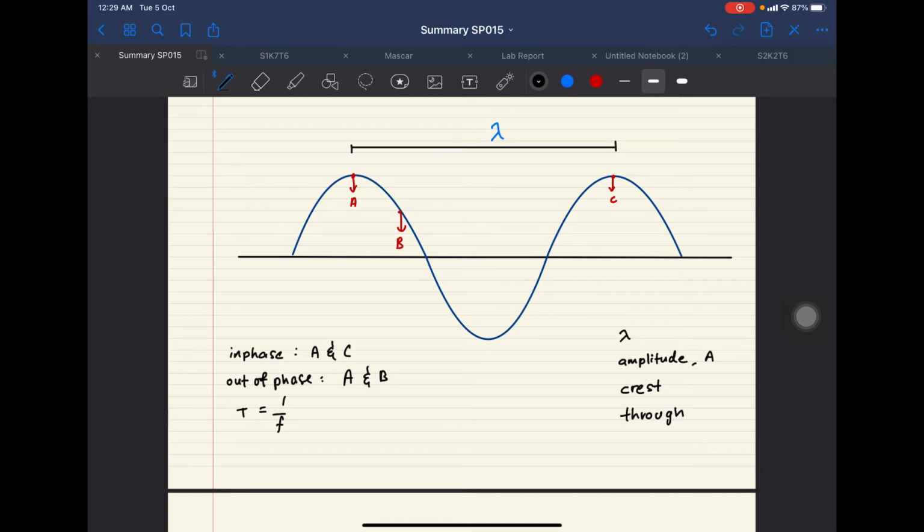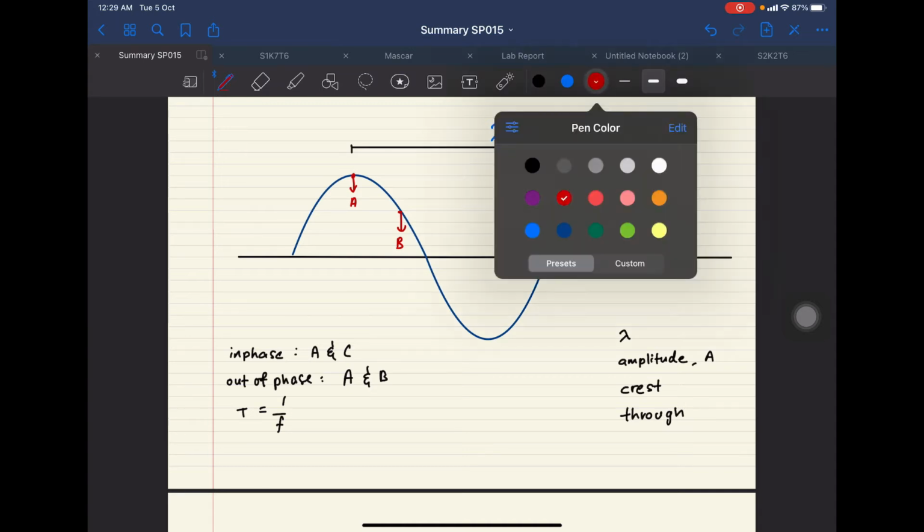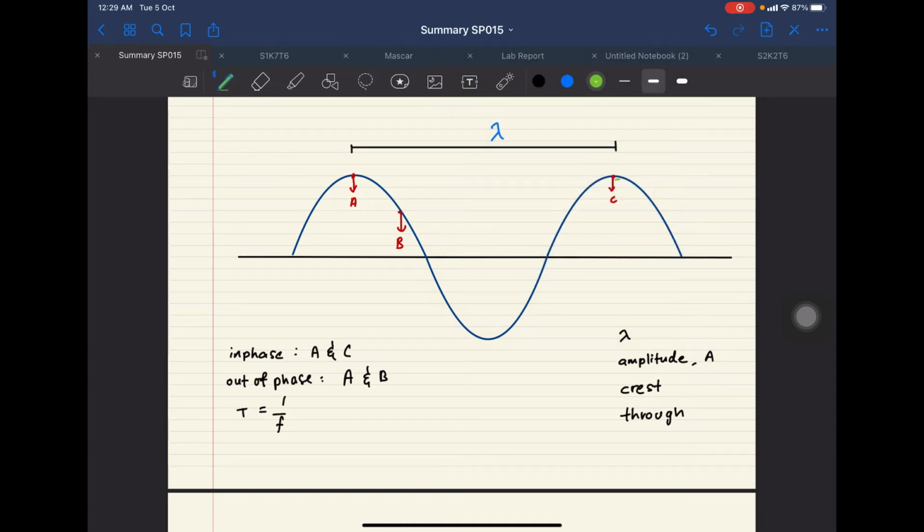Okay, and then the other thing is about amplitude. Amplitude is simple lah, tak ada masalah. There's no issue with this. Maximum height is what we call the amplitude. I just put this one as A. Okay, now another important thing that you need to know is about crest and trough. Crest is at the peak.